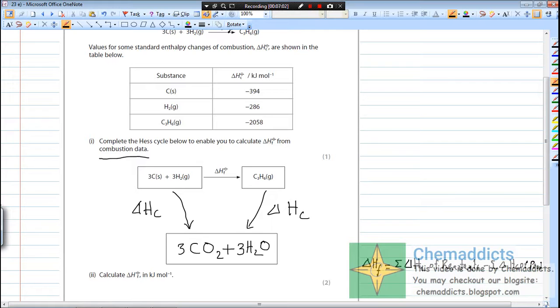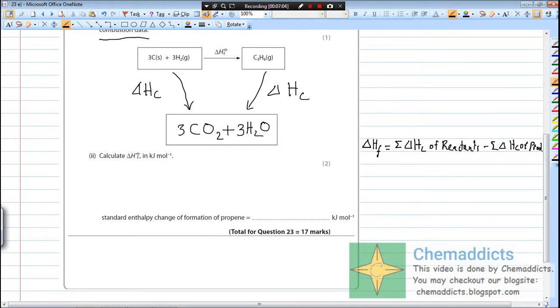Simply using this equation, del HF naught: first of all is the sum of combustion enthalpy of reactants.